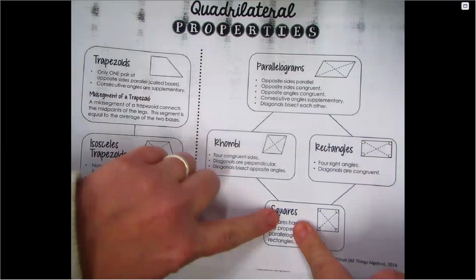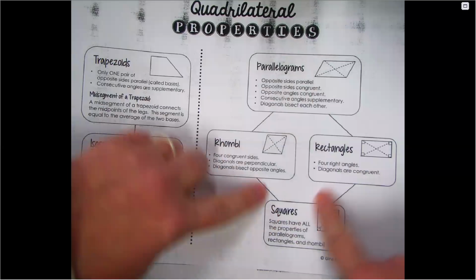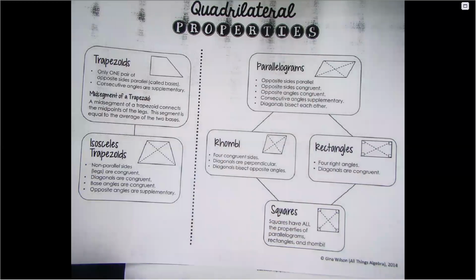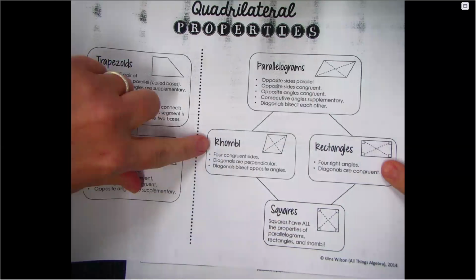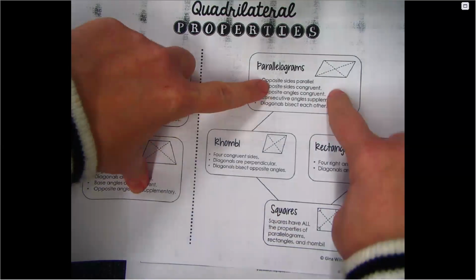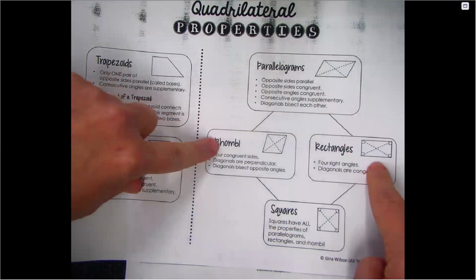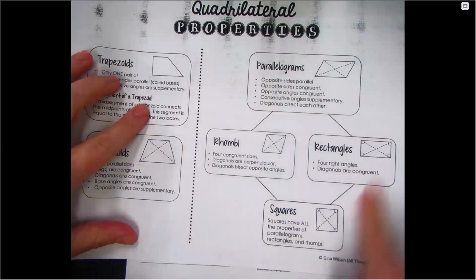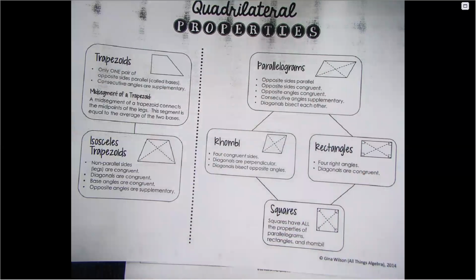All of these are connected back to the parallelograms. The rhombus and the rectangles are connected to the parallelogram. So whatever's in the parallelogram, these also have. And the square has everybody. So all of these are in the same family, kind of like cousins or whatever.